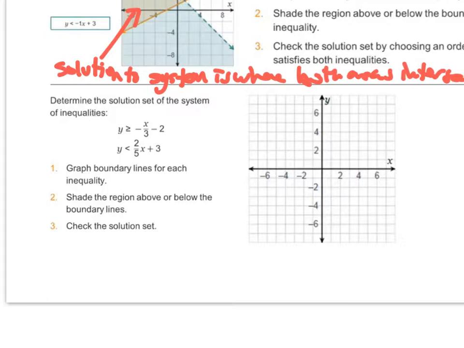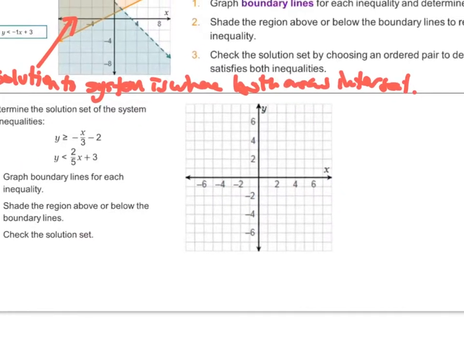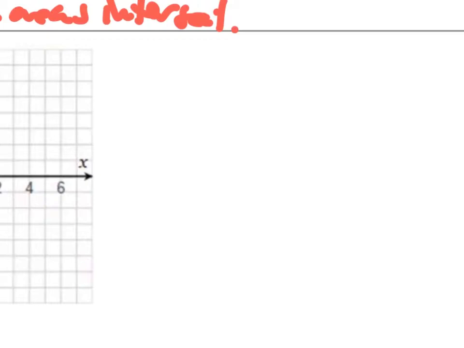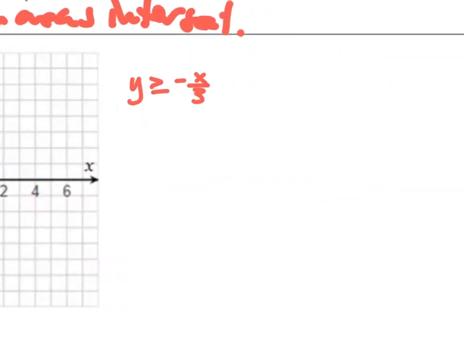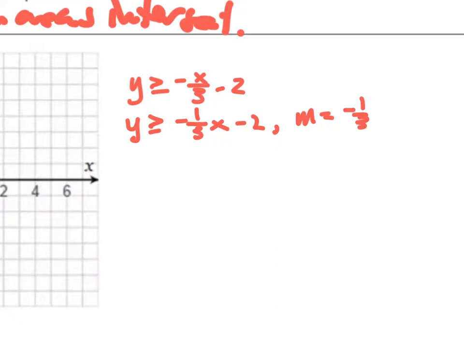So let's first look at y is greater than or equal to negative x over 3 minus 2. First thing I'm going to do is rewrite this so it's a little easier: y is greater than or equal to negative 1/3 x minus 2. The reason I did that is to identify my slope as negative 1/3 and my y-intercept as negative 2.